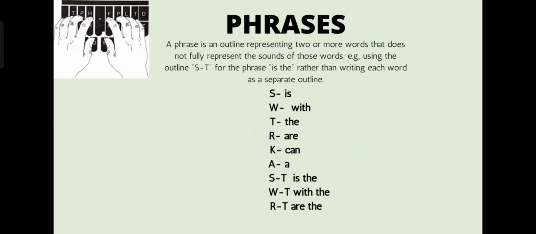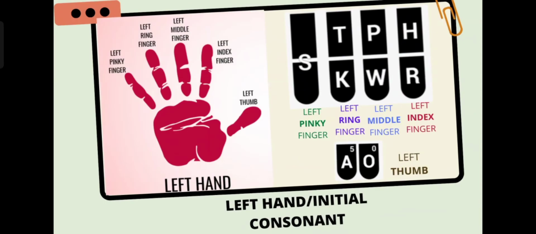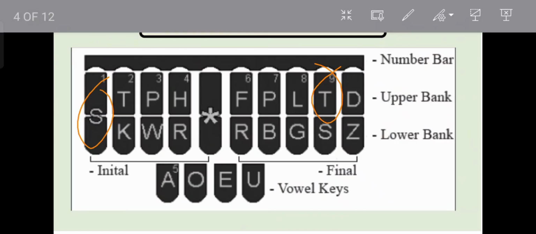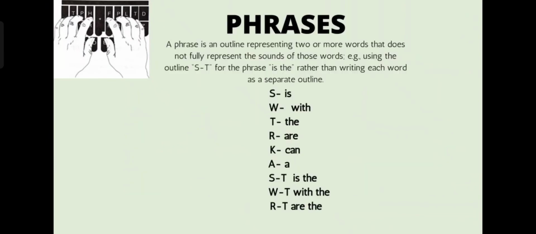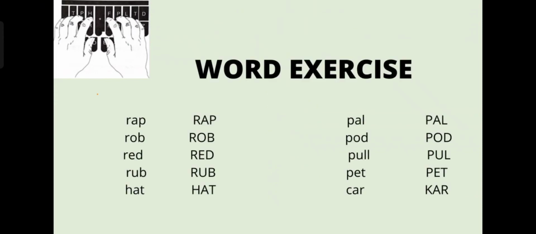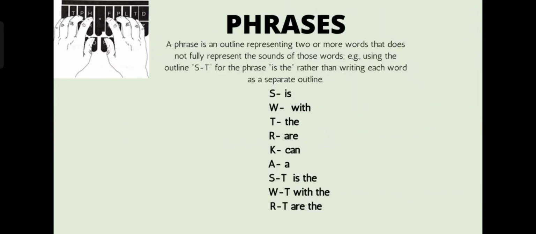The letter T is the, R is are, K is can, A is a, ST is is the, WT is with the, and RT is are the. You need to listen to the words that you hear. And also, you have to memorize the keyboard. There are no numbers and letters on it, so you have to memorize the keyboard, the phrases, and everything.